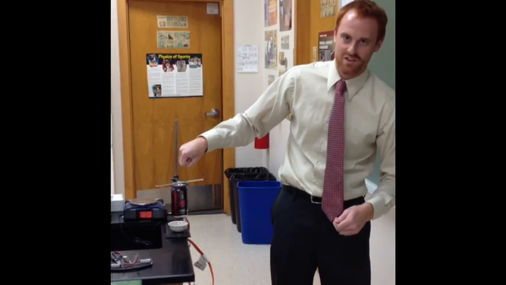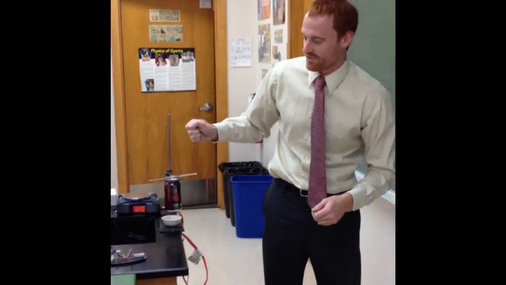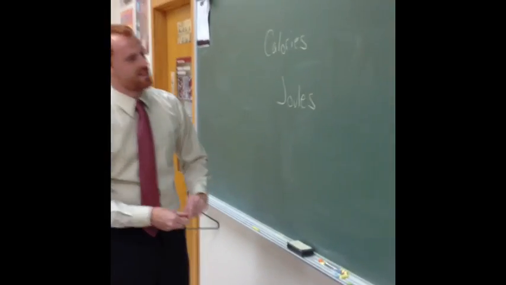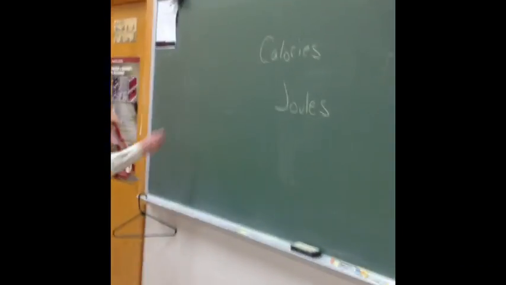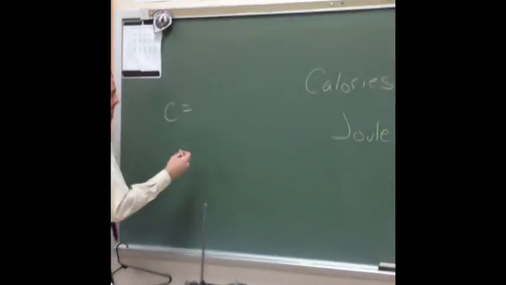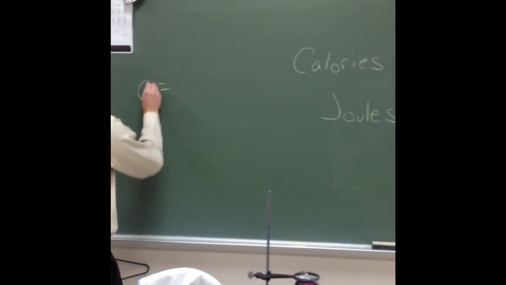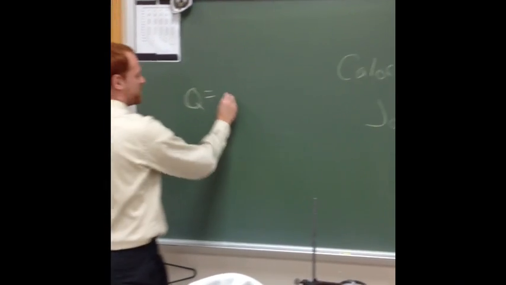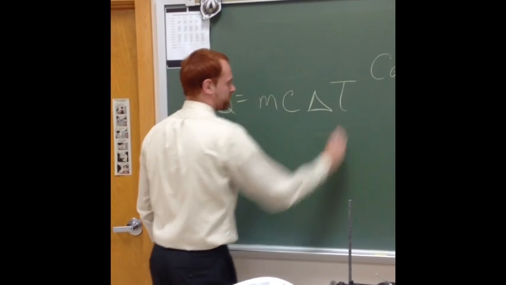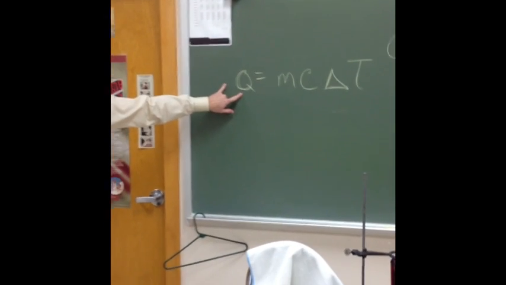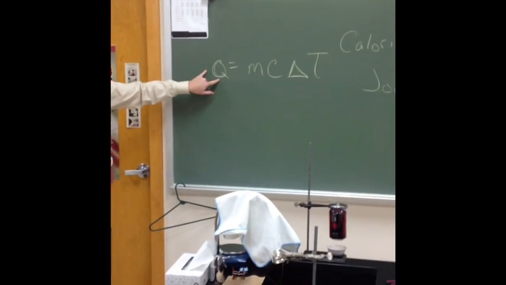You need to figure out the change in temperature. Now, there's an equation that you also have to know. So, the equation that you have to know is Q equals mc delta T. Q is the specific heat that you need to know.